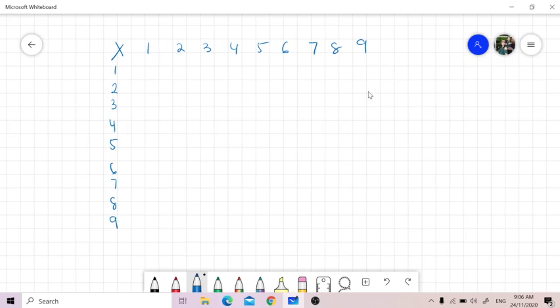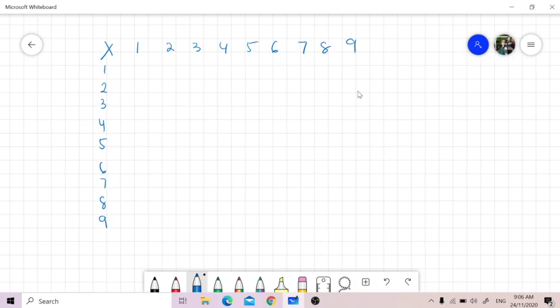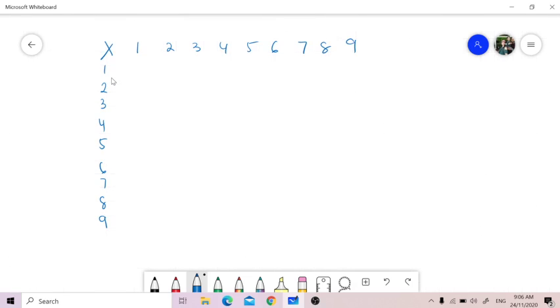If you're using your maths book, you can use it so that it's easier for you to fill up the blanks. So 1 times 1, we know already that it's all the same: 1, 2, 3, 4, 5, 6, 7, 8, 9. Then you just copy down.